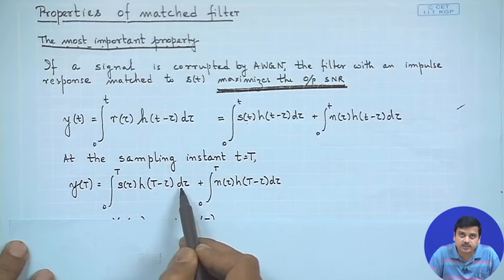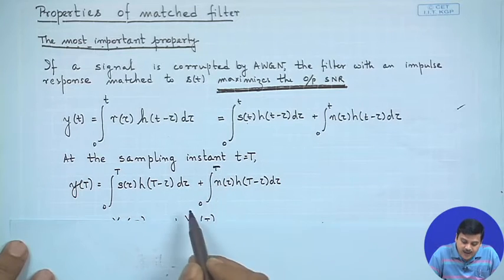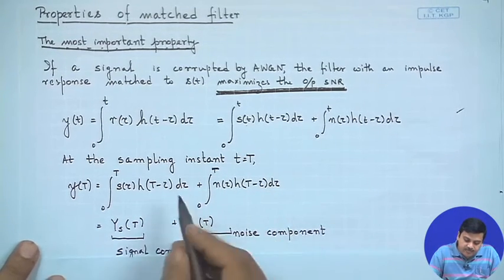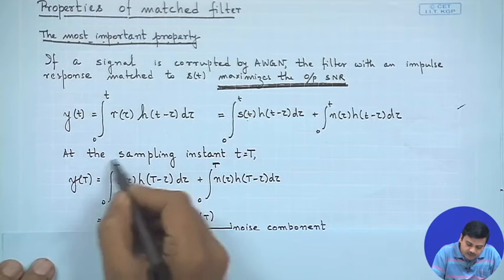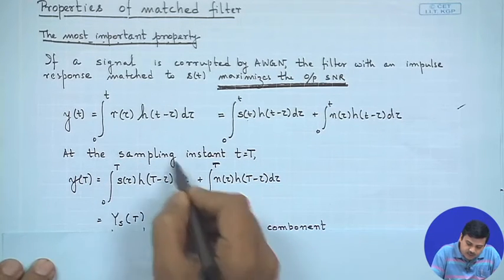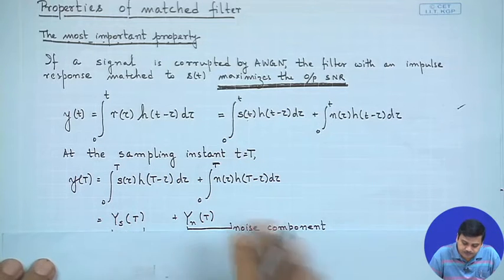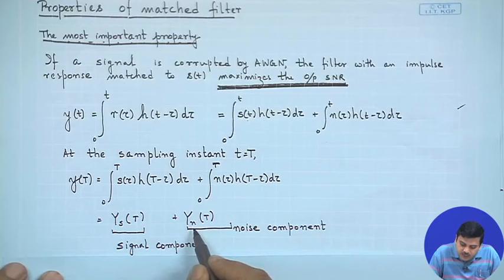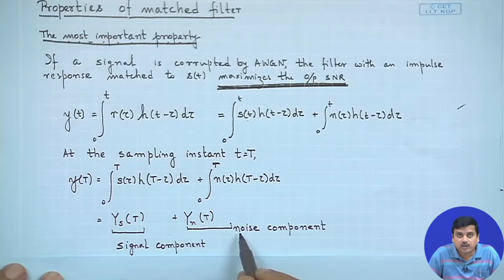So, this is the expression. You could identify that this part of y of t, the output of the matched filter, is the signal component, and this part is the noise component.